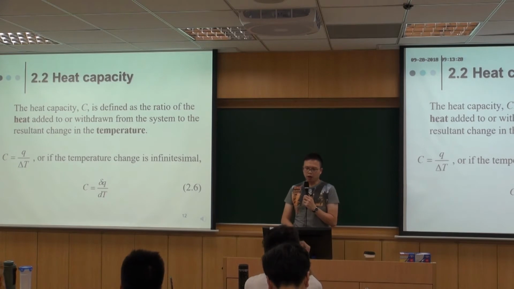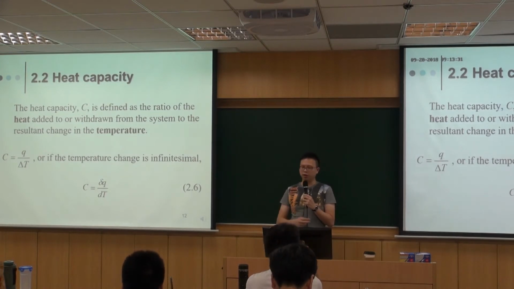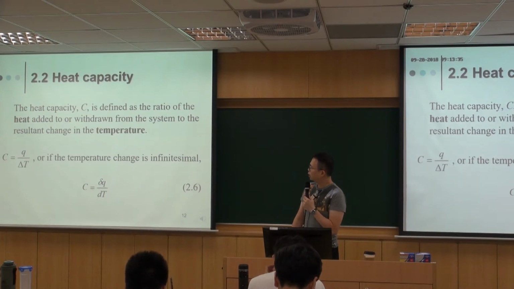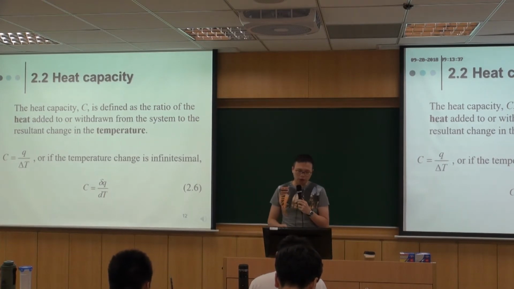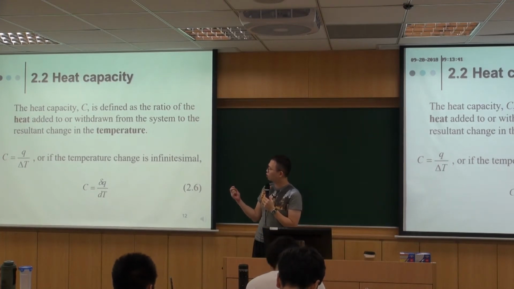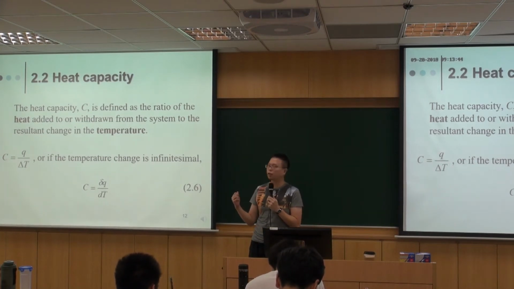And for today, we're going to talk about heat capacity again. I think last time we mentioned this a little bit. And heat capacity is defined as the ratio between the heat being exchanged and the temperature change during this process.